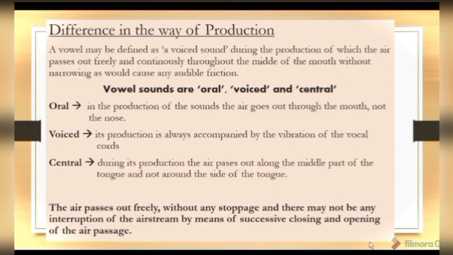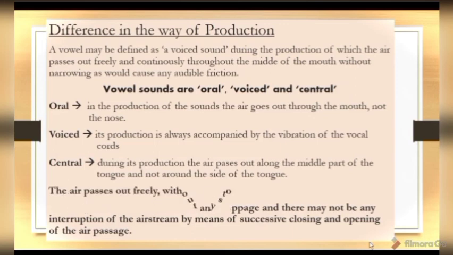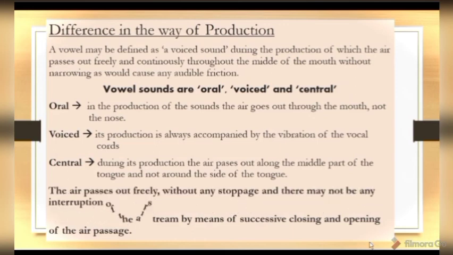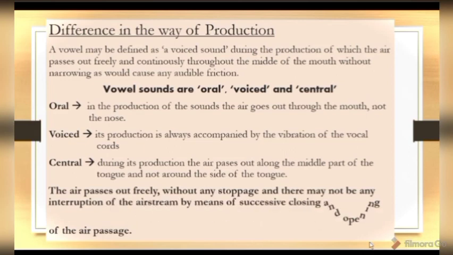It means that during its production, the air passes out along the middle part of the tongue and not around the sides of the tongue. The air passes out freely without any stopping, and there is no interruption of the air stream by means of successive closing and opening of the air passage.